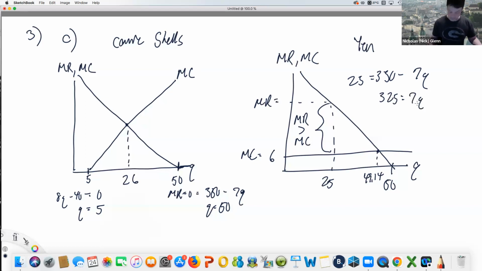So you divide 325 by 7. Let's see, I didn't calculate that. Where's my calculator? Here we are. You just take 325 divided by 7. That's going to be 46.4. Okay.